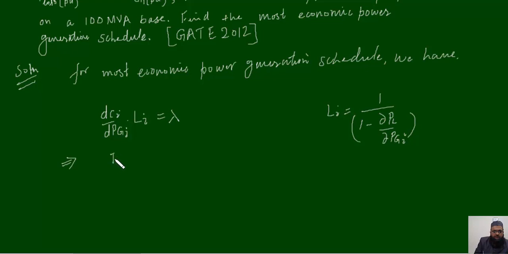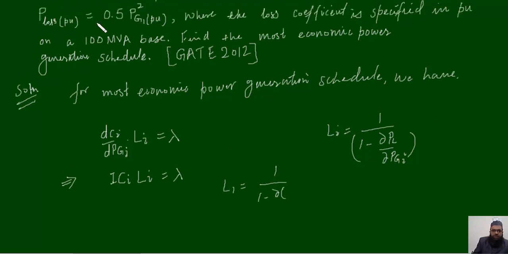Or this implies ICi, incremental fuel cost, times Li is equal to lambda, where Li is this. So using this relation, L1 can be calculated as 1 upon 1 minus del PL. Substitute the value of PL.